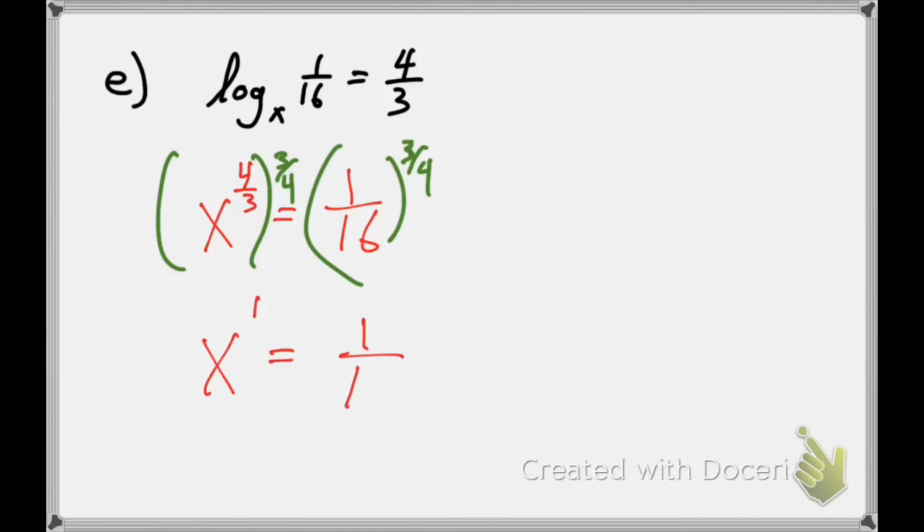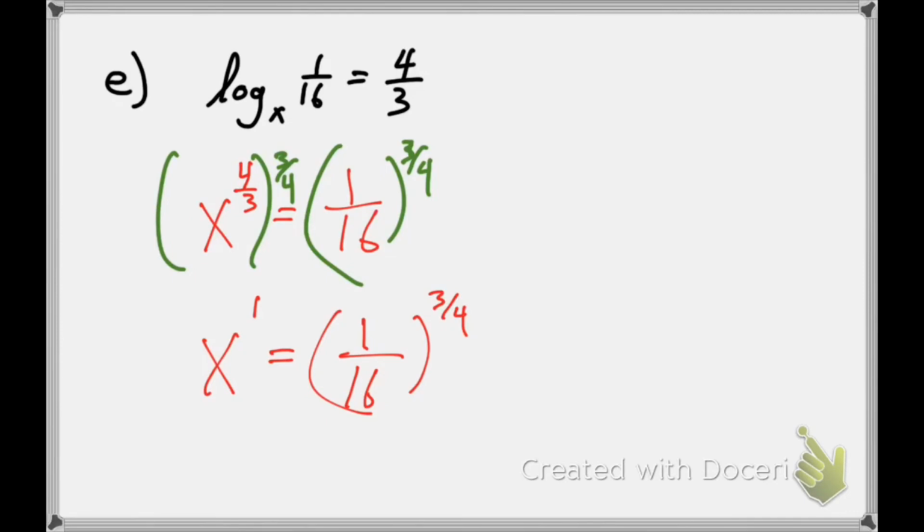And I can just simplify, in this case, the right-hand side of the equation. So hopefully that makes sense. If the x is in the base, multiply the reciprocal, and then solve the right-hand side.